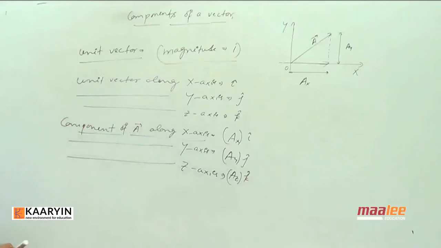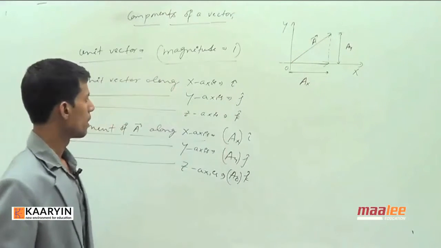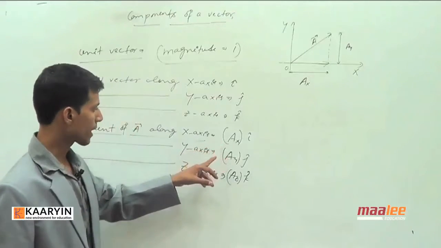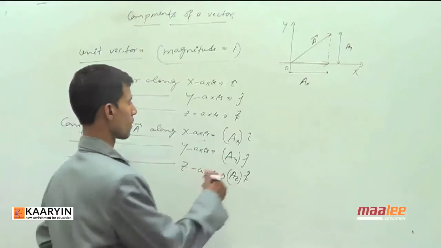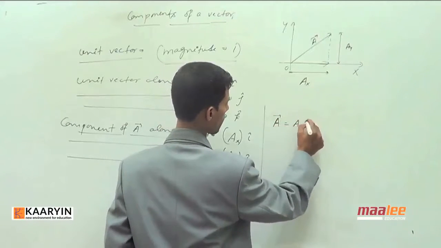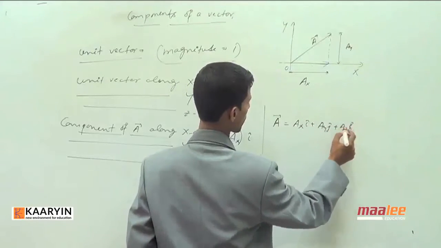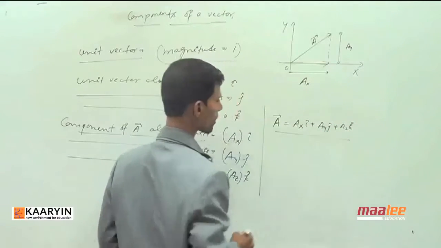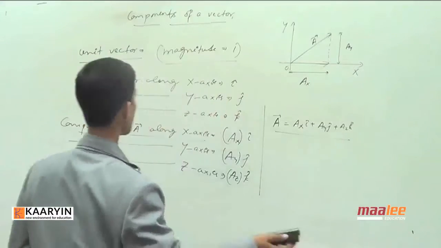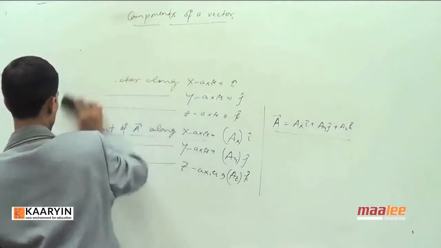Now, A can be written with the help of Ax i cap, Ay j cap and Az k cap. So it is given as A equals Ax i cap plus Ay j cap plus Az k cap. In our 2D system case, it can be shown geometrically as follows. I will redraw the diagram.